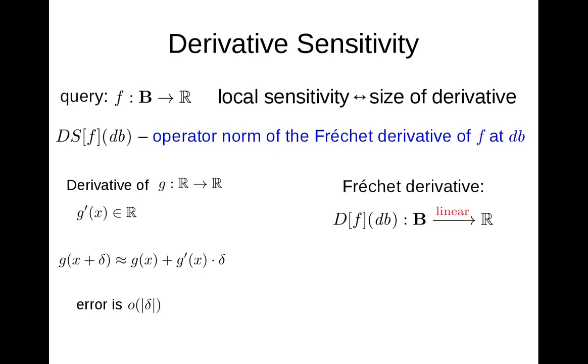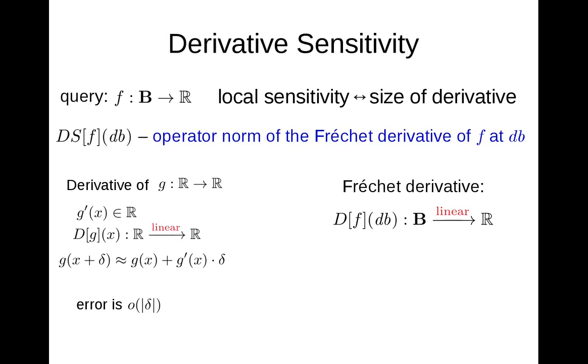Similarly, the derivative of a mapping from a Banach space to real numbers at a certain point db is, well, perhaps not so similarly. It is a linear operator from the same Banach space to real numbers. Still, it is rather similar if we reword the usual derivative a little bit. So instead of considering this g prime of x as a real number, we would think of this derivative again as a linear mapping from real numbers to real numbers.